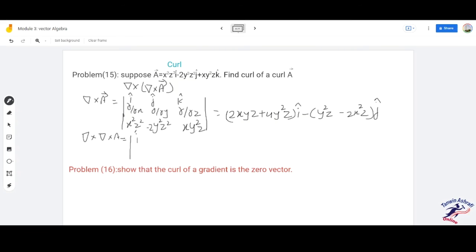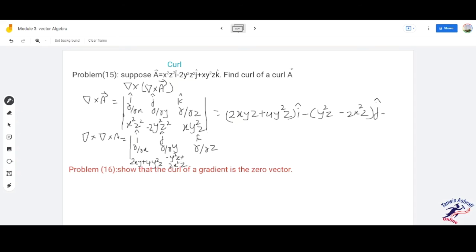That means i cap, j cap, k cap, del by del x, del by del y, del by del z, 2xy plus 4y square z, similarly minus y square z plus 2x square z.